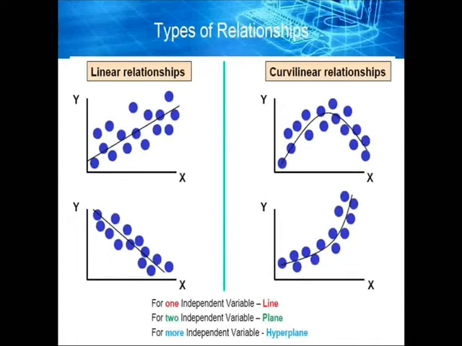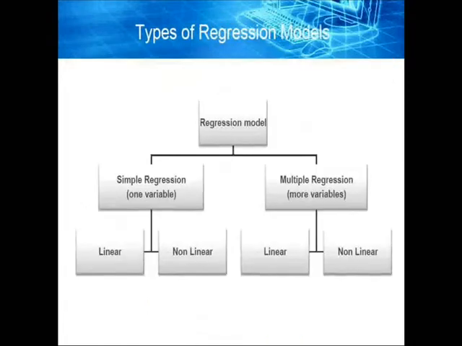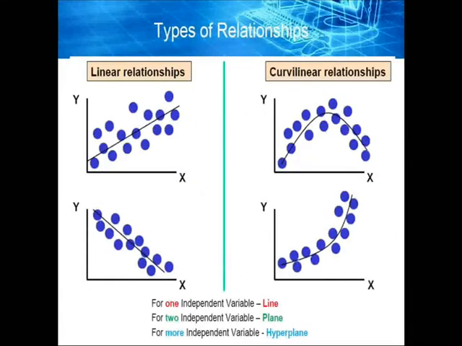The type of relationship, as we indicate here, the models are represented by linear and non-linear type. So we want to consider this linear relationship and non-linear or curvilinear relationship. This black line indicates the graph, or this line is also called the regression line.